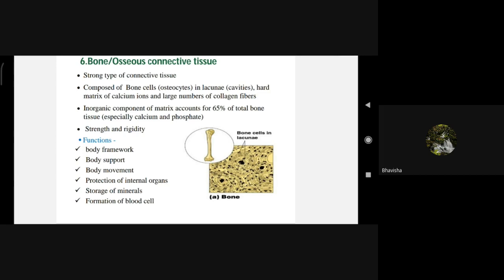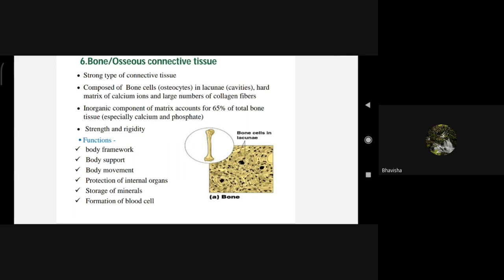The inorganic component of the matrix accounts for 65% of total bone tissue, especially calcium and phosphate.